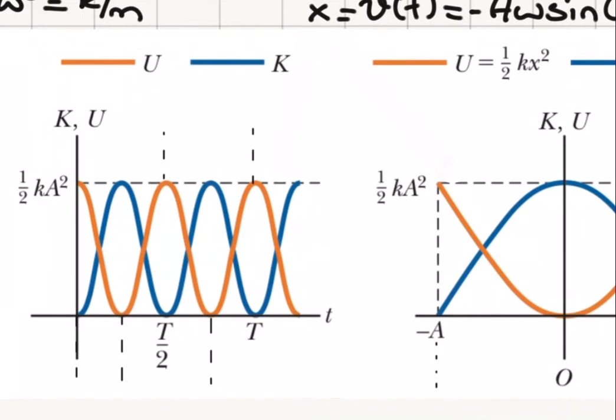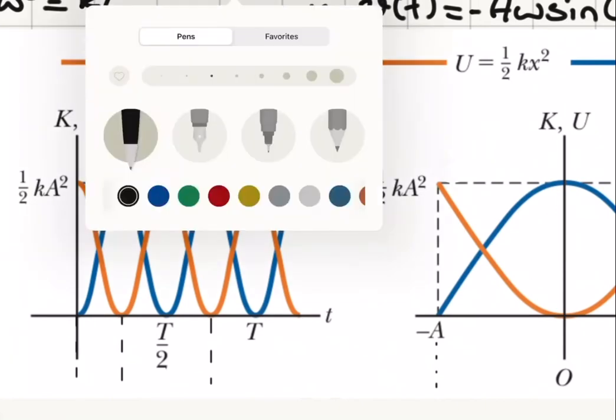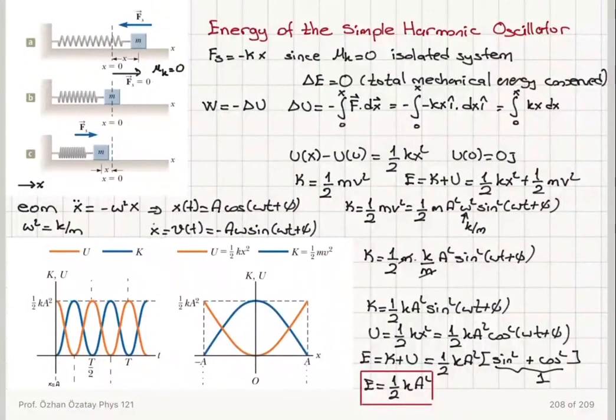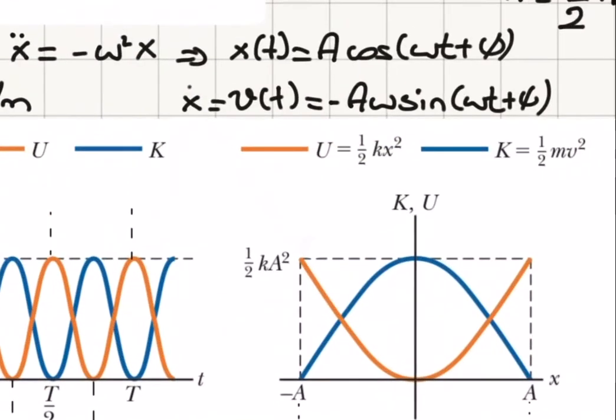Now I want to plot kinetic energy and potential energy as a function of time and as a function of displacement. So if I start at maximum potential energy, 1 over 2 k a squared, you see the orange color is kinetic energy. That means at this position I have x is equal to a.